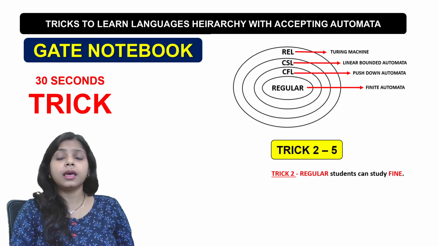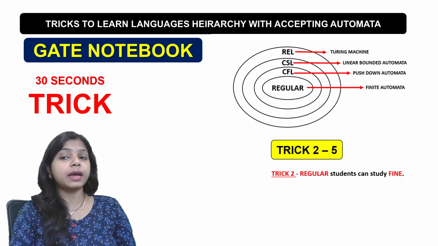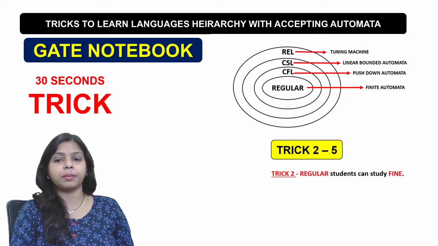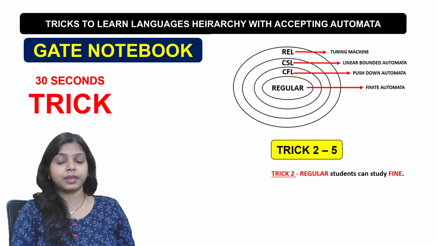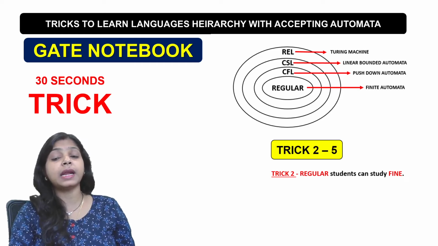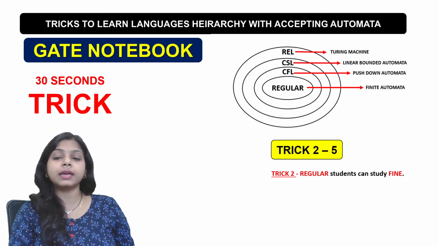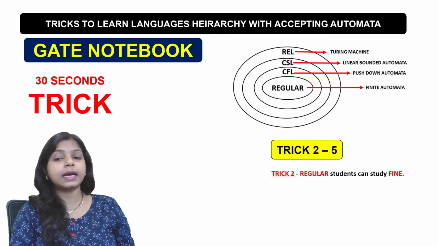First one, regular language. That means regular language is accepted by finite automata. But how can we remember? So guys, regular students can study fine. That means if you are a regular student, you have joined a series of 10 days, right? And you have attended day 1, day 2, day 3, day 4 till day 10 on time, on a regular basis.